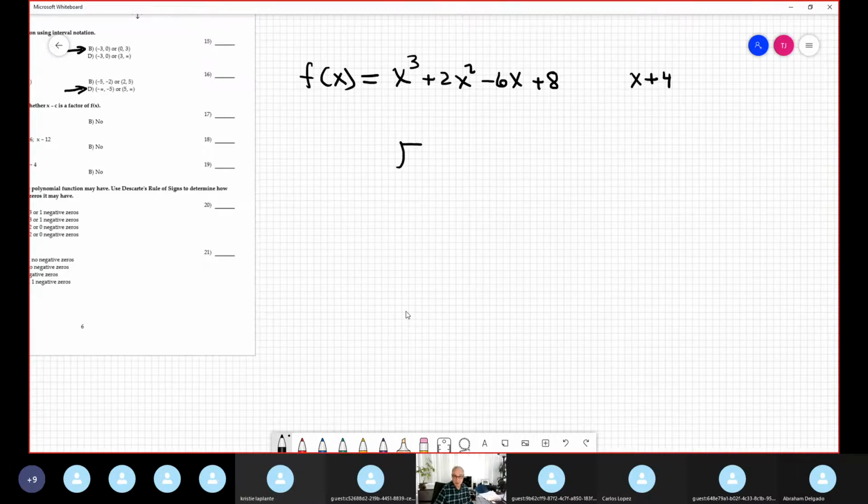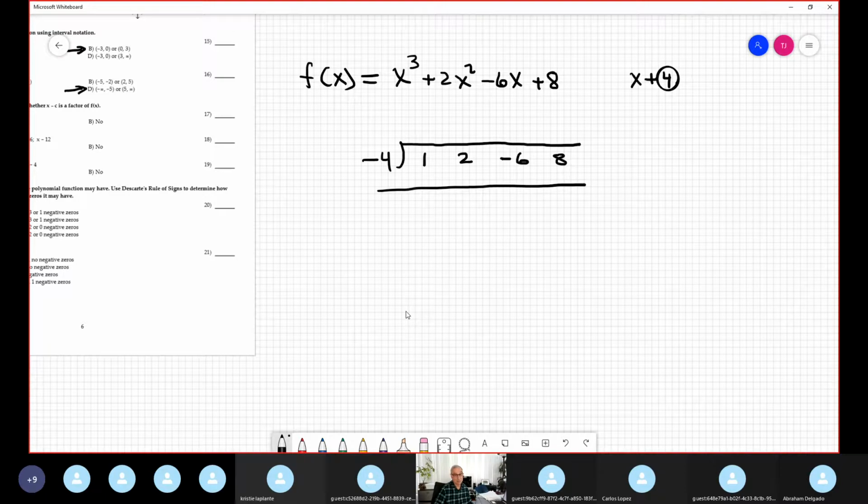The format for synthetic division is you copy the coefficients 1, 2, negative 6, and 8. And you divide by x plus 4, but the only detail you have to remember is you copy this 4 with the opposite sign, negative 4. Okay, this is the format, guys. Don't forget. The rest is super easy.